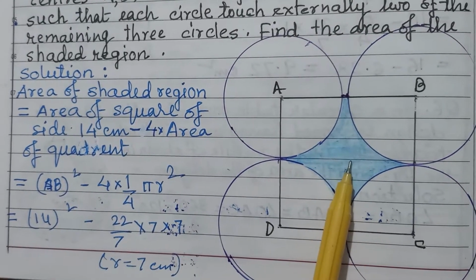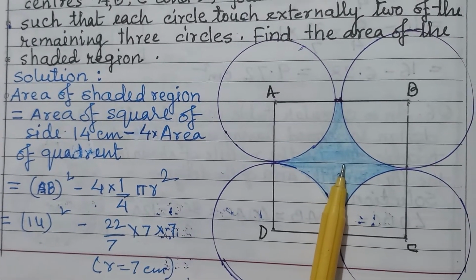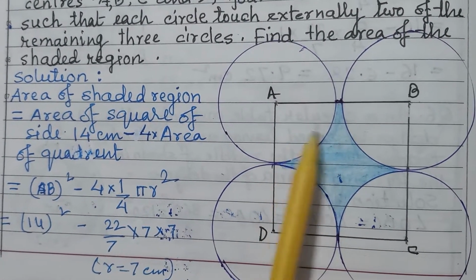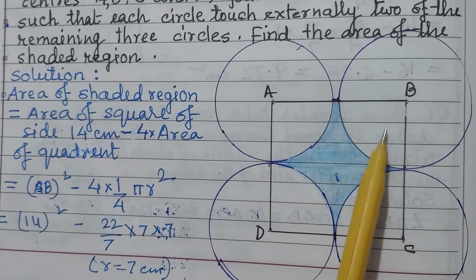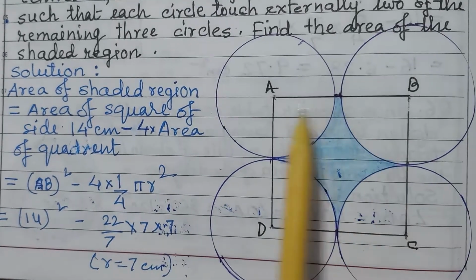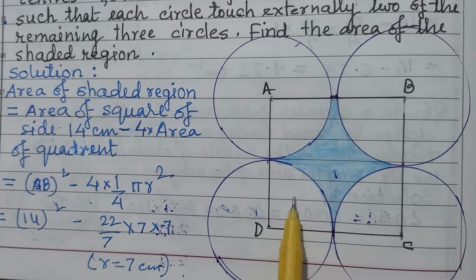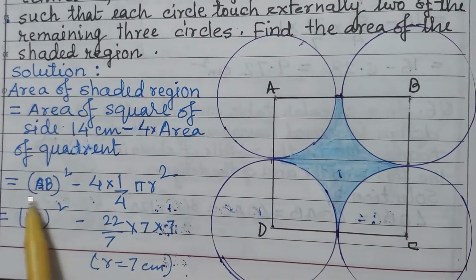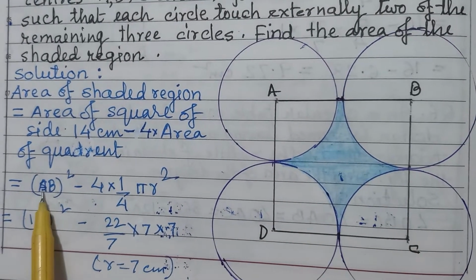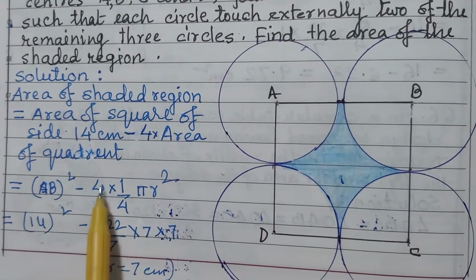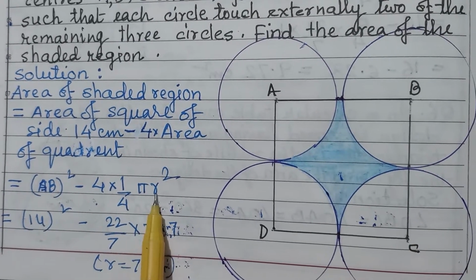This is the shaded region. The area of the shaded region is the square minus the 4 quadrants. So area of square minus 4 into area of quadrant. Area of square is AB square or any side square, minus 4 into 1/4 pi r square.